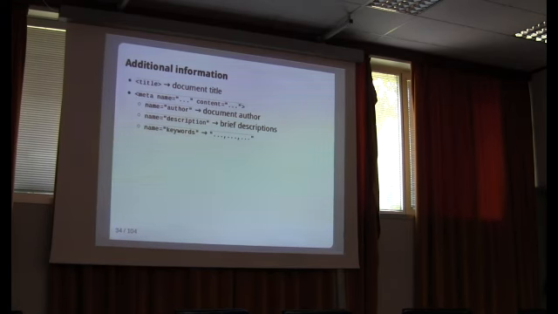Within the head element, usually you'll find something like the title of the document, which is additional information, and for example information about the author, information about the copyright, a brief description, usually a sort of abstract of the document, keywords and so on. There are also a lot of different things you can find in the head, but for the purpose of this lesson, just note that this is additional information.